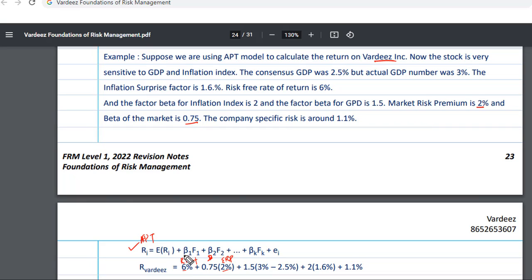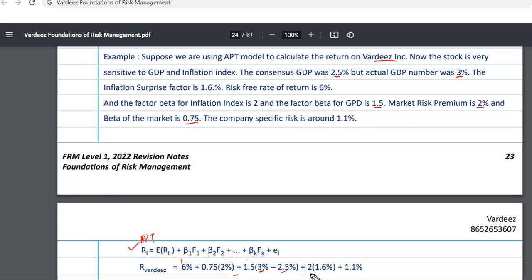By this we calculate the CAPM, plus the first factor, which is the GDP. The actual GDP was 3%, 2.5% is the expected value. We subtract this and multiply that with the beta. The factor beta for GDP is 1.5.